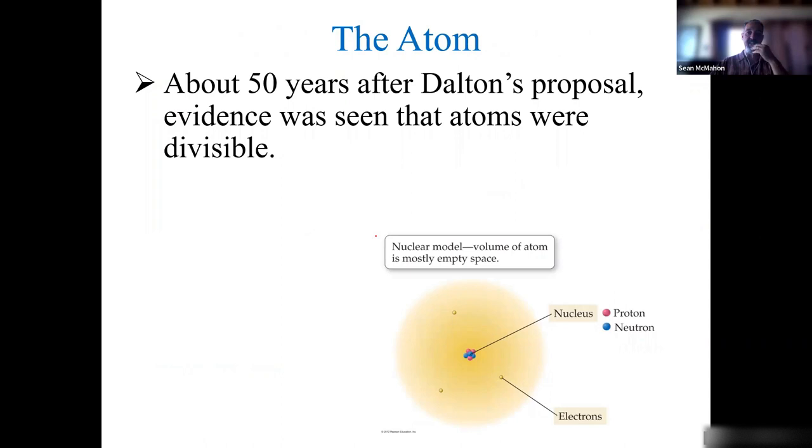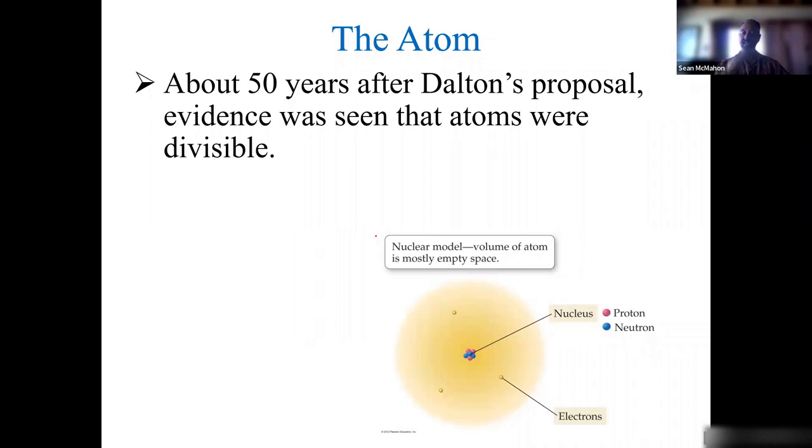So about 50 years after Dalton's proposal, evidence was seen that atoms were actually divisible. And what that means is there's something smaller than an atom, okay? Basically, it was the nuclear model. And the nuclear model basically said that the majority of the atom is empty space, okay?